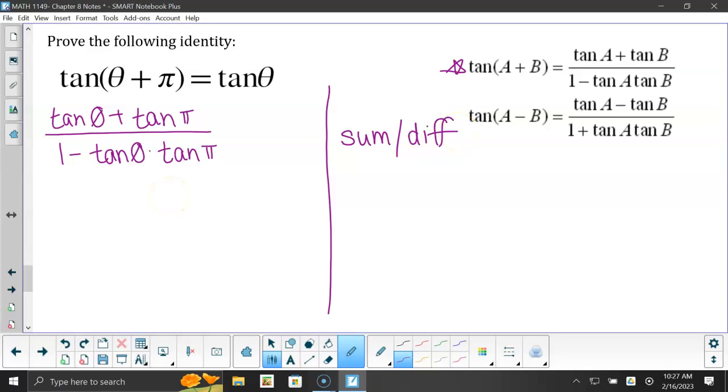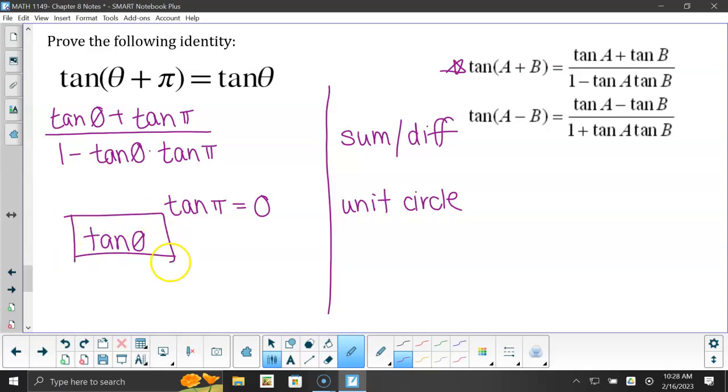Because everything goes away. What is the tangent at pi? It equals 0. That's just from the unit circle. So quite literally, I have tangent of theta plus 0 over 1 minus 0. That's it. Everything else just turns into zeros and it cancels.